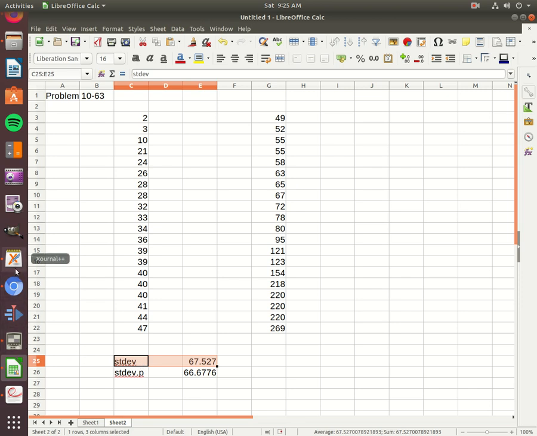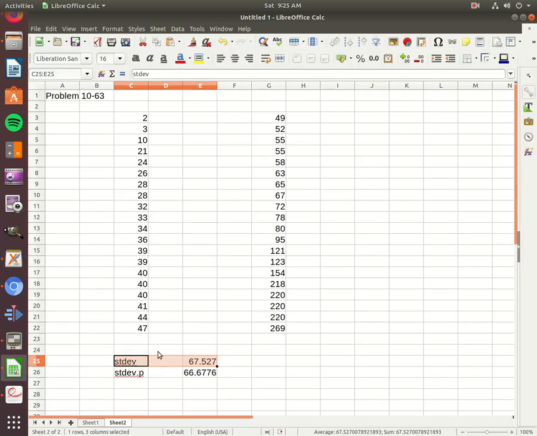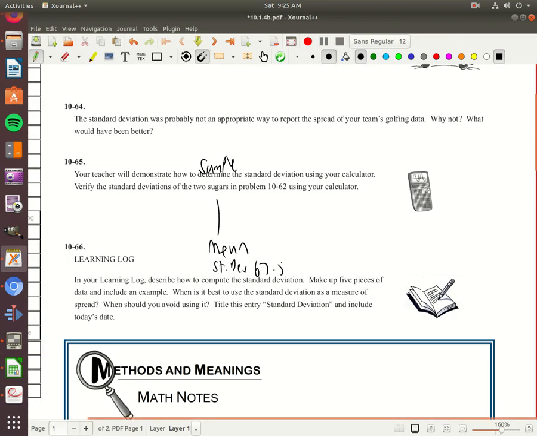So if we go back over here and think about what that means, here's the mean, right? If we have a sample, in this example, the standard deviation was 67.5 versus 66.7.